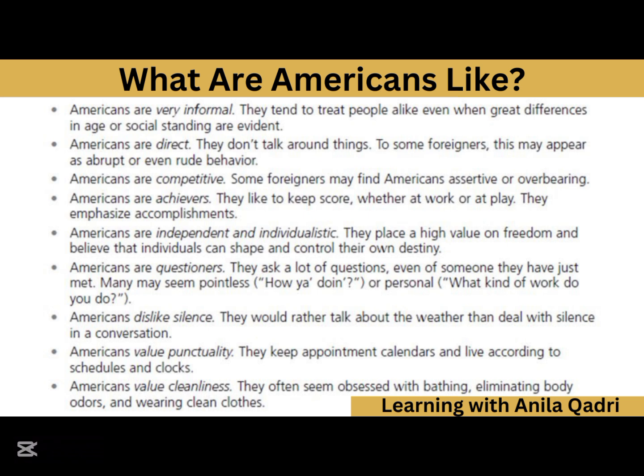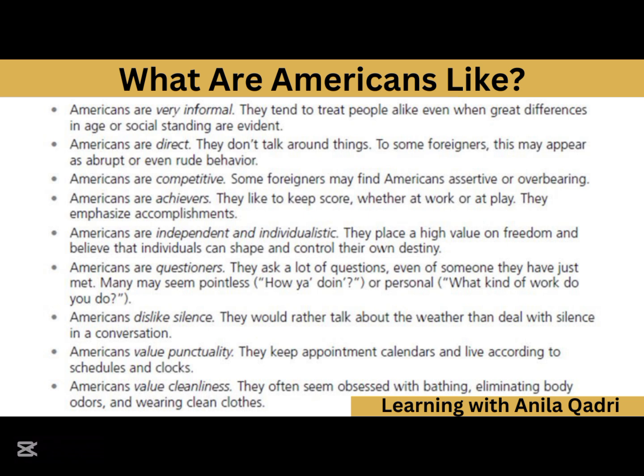Americans are competitive. Some foreigners may find Americans assertive or overbearing. Americans are achievers. They like to keep score, whether at work or at play. They emphasize accomplishments.